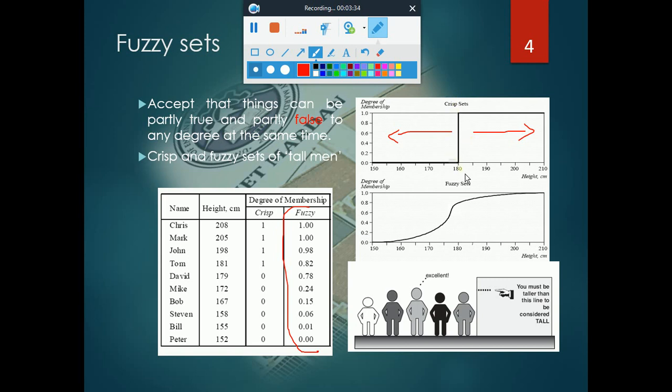So people who have a height less than 180 will be short people, and those having a height greater than 180 will be tall people. The fuzzy approach divides this membership in a meaningful way.